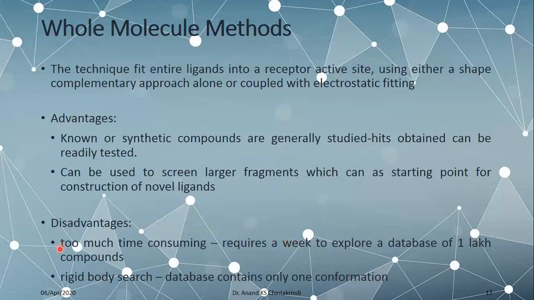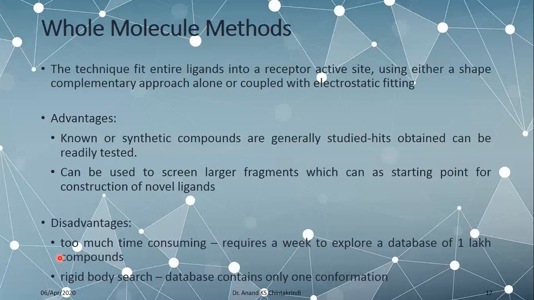It is also a rigid body search. That means the database which you are screening contains only one conformation of the ligand. We are not allowing it to check for another conformation. Say, a classic case of chair versus boat conformation of a cyclohexene ring. If only the boat conformation is stored in the database of these ligands, and if a chair conformation is more appropriate to fit the active site, it is missed out.